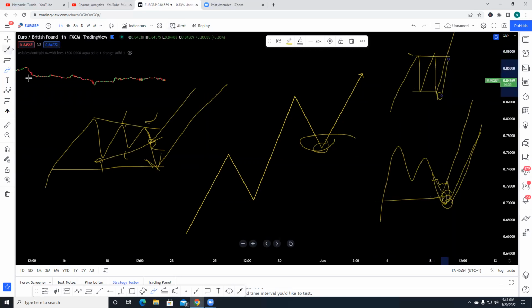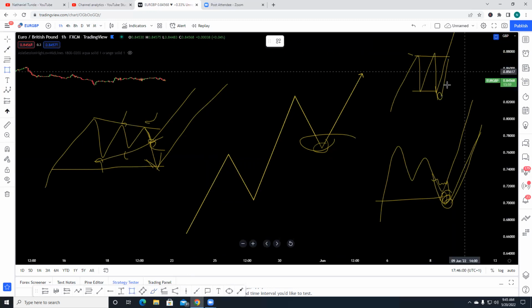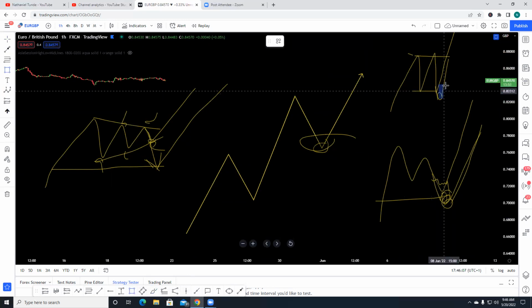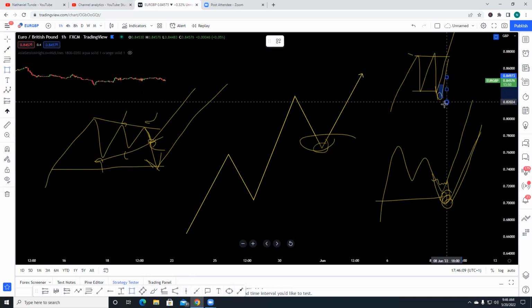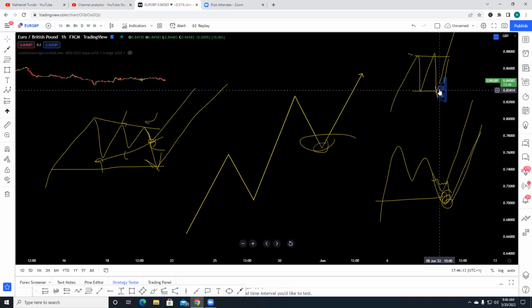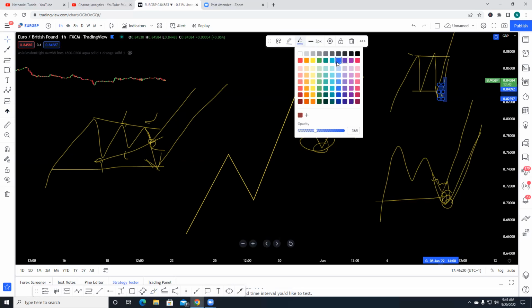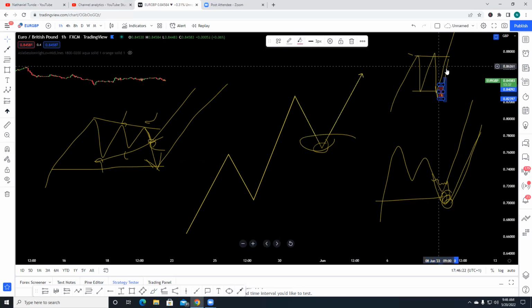For people that do not understand what an engulfing candlestick is, I'm going to show you real quick, guys. You have a candle here, and then you have another one. This one is bearish, and then you have another bullish one form here. Can you see, guys? It's an engulfing candlestick pattern. Let's change the color: we're using red for down and green for upside.